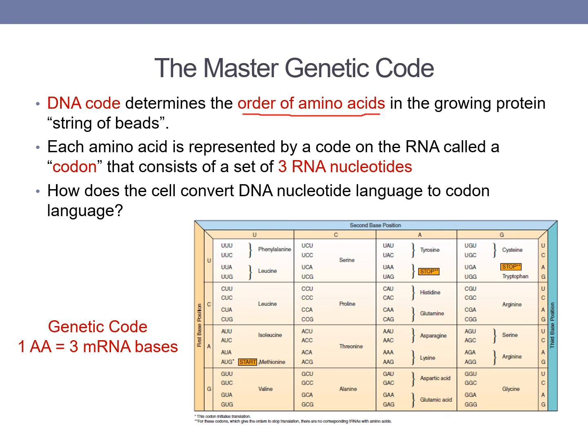And so each amino acid that comes next in that growing chain is going to be represented by a code on the RNA that's called the codon. It's this codon that consists of a set of 3 RNA nucleotides. And so for every 3 nucleotides on the RNA, you have a genetic code for a single amino acid.